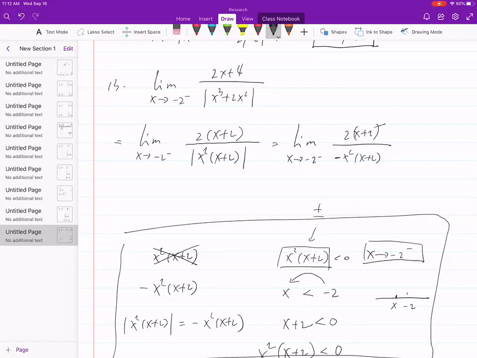After that, there's no bar. Let's cancel. Which is 2 over negative 2 squared, which is 2 over -4, which is -1/2.